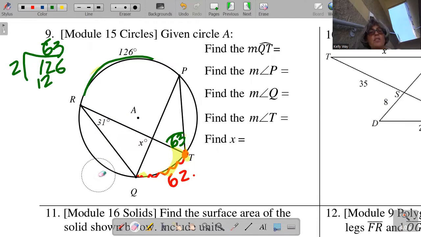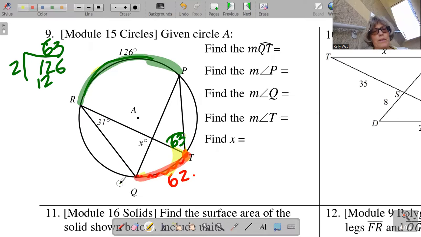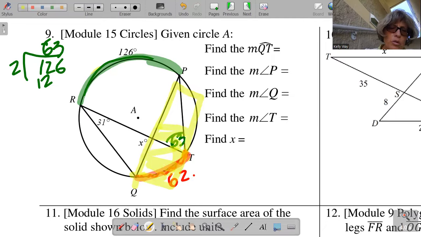Then you start asking yourself, what else is it possible to find? That's 126. That's 62. All right, notice you have another framing here. Post-it notes, going this way.